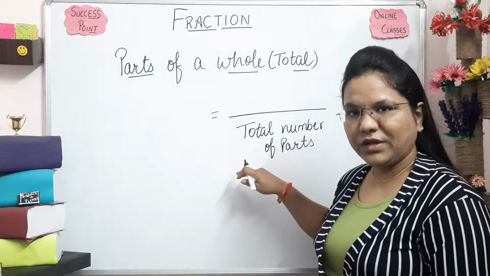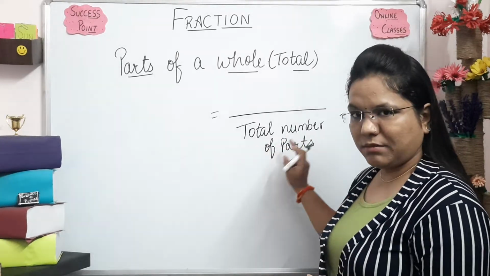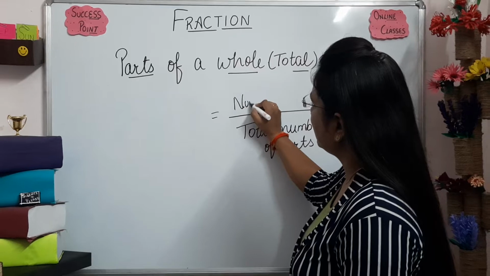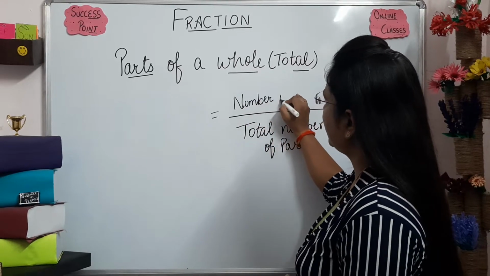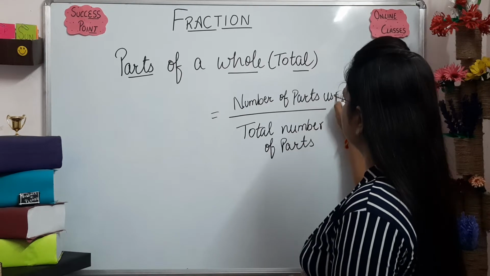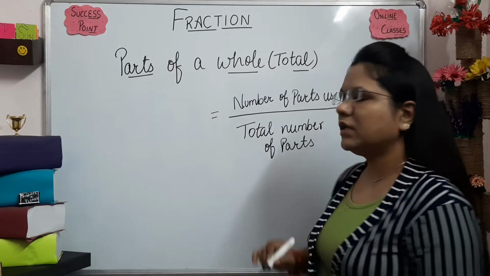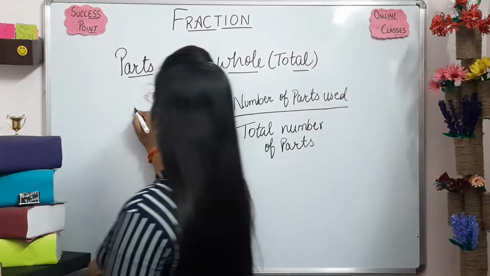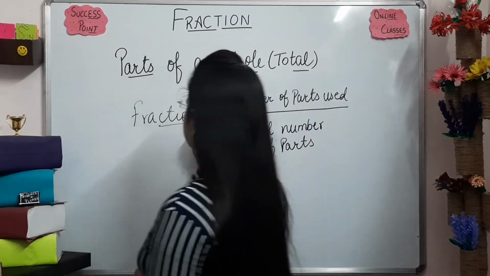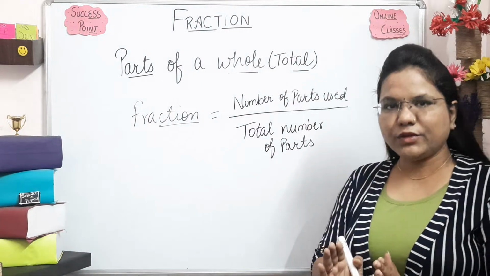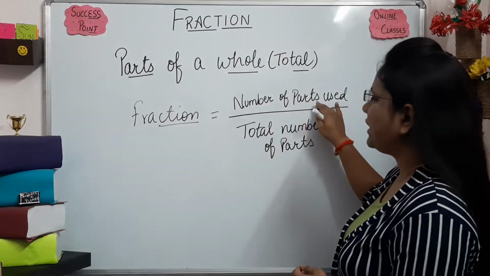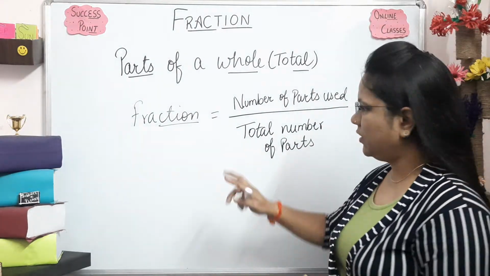For denominator we will write total number of parts, and upper we will use number of parts used. So this is how we can form a fraction. Whenever you want to form any fraction, formula will be number of parts used or shaded and total number of parts.